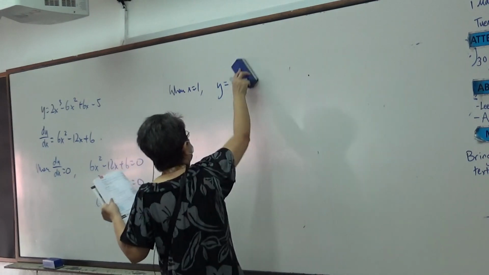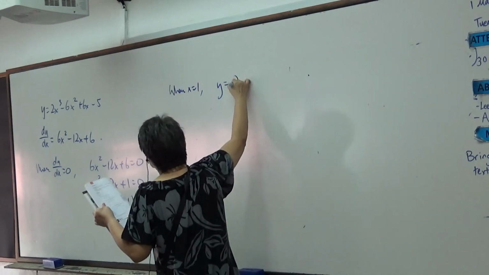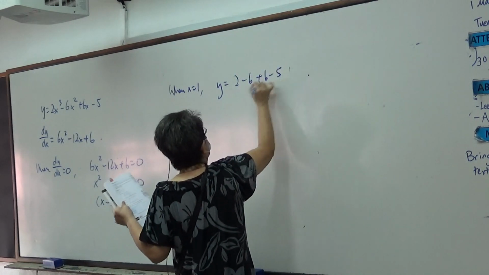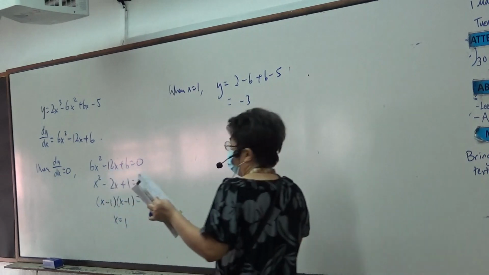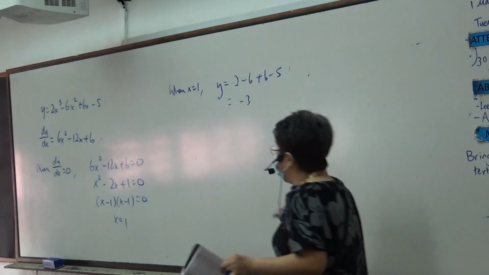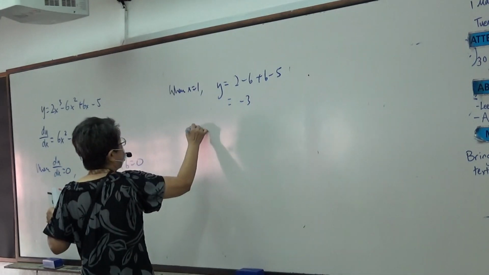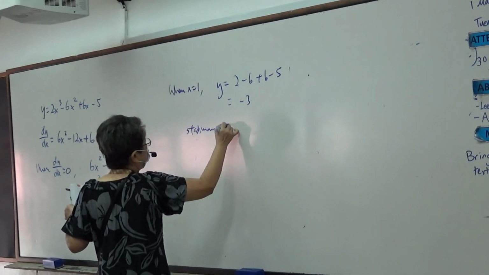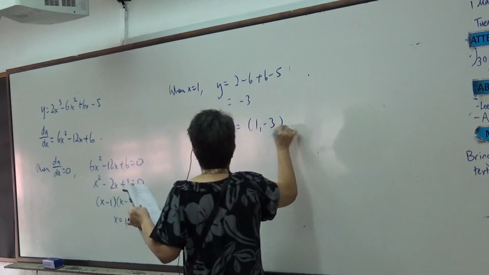I think I don't have to do this, I'll just straight away plug in. 2 minus 6 plus 6 minus 5. So this is how much? Negative 3, right? Correct. So the stationary point is (1, negative 3), right?